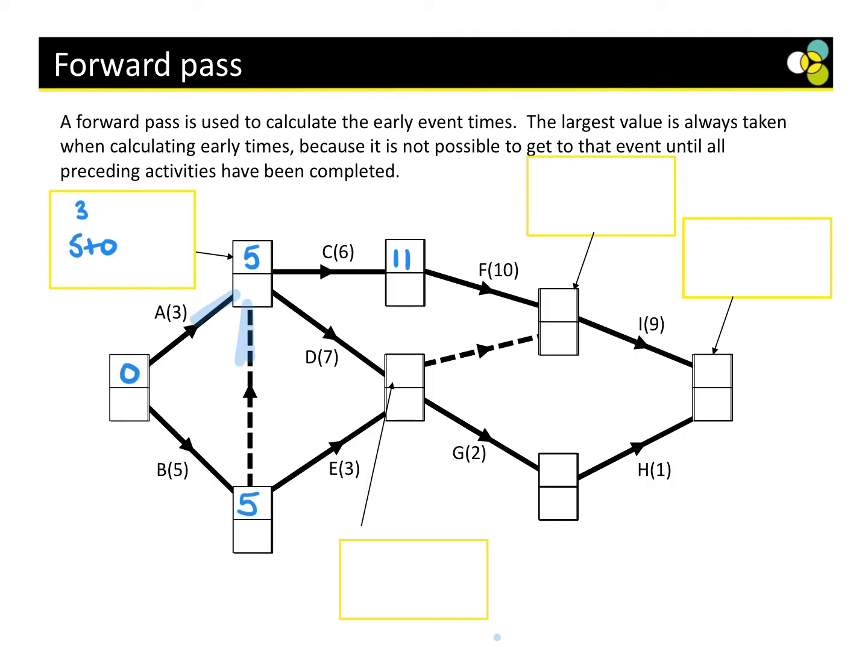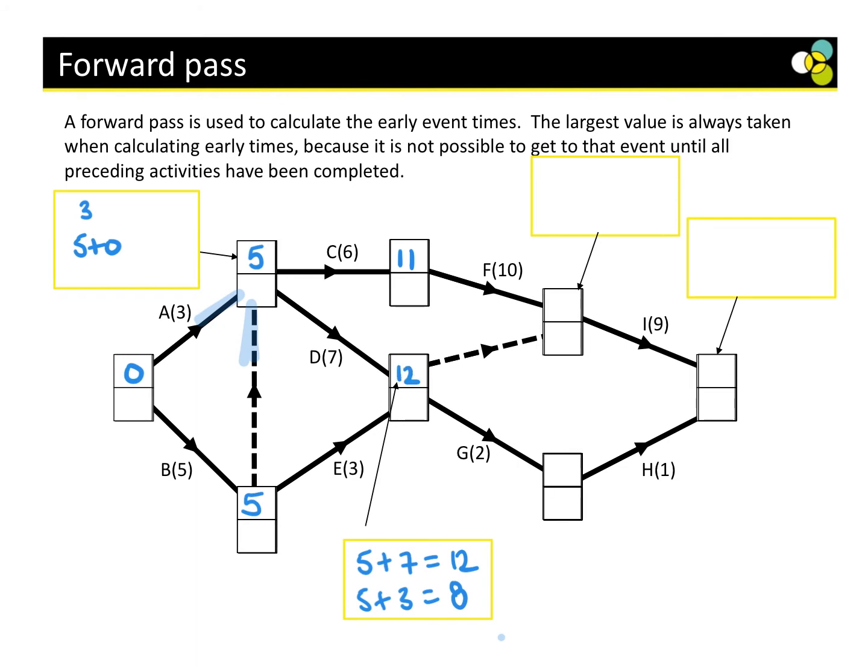So we've either got 5 plus 7, which is 12, or 5 plus 3, which is 8. Which one are we going to use? 12, absolutely. For each one, we're always looking at the highest one.